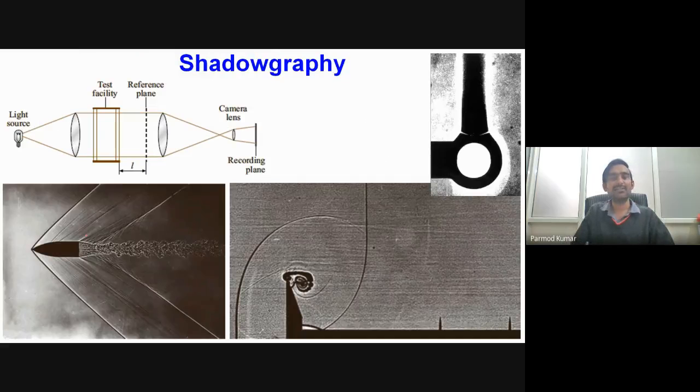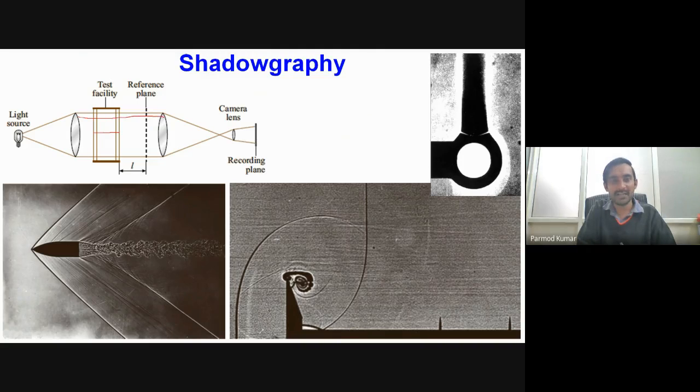Okay. Now, in case of shadowgraph, we allow the light to be incident on our test section. As I have already told you, within our test section, if I consider that at this particular location I have the change or gradient of the density field, then what will be happening?